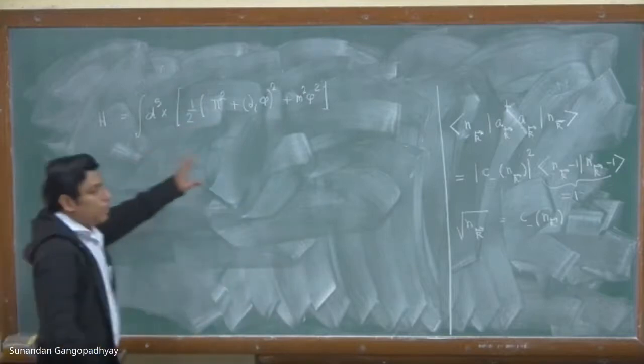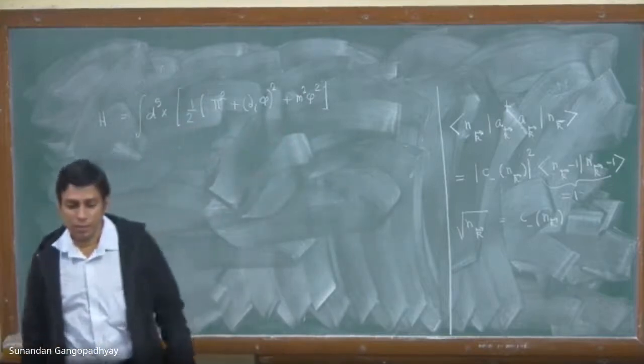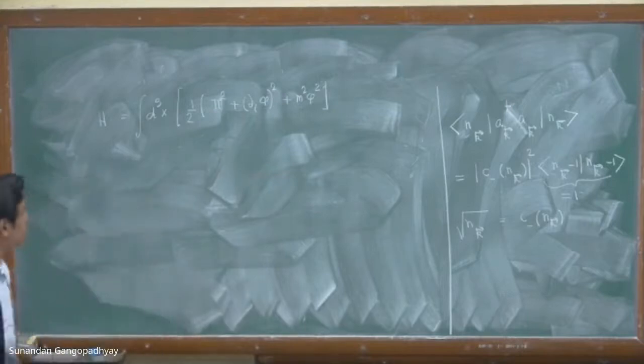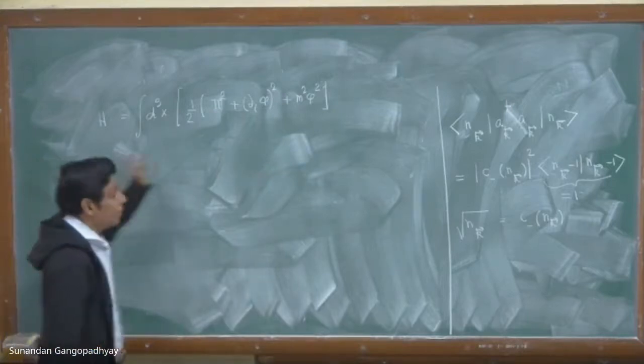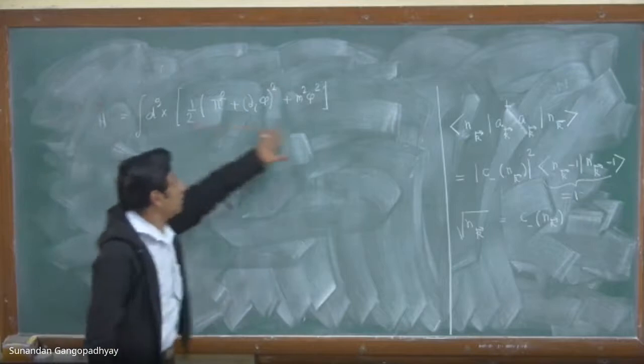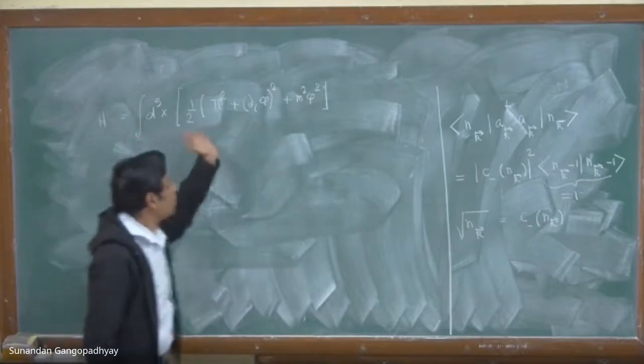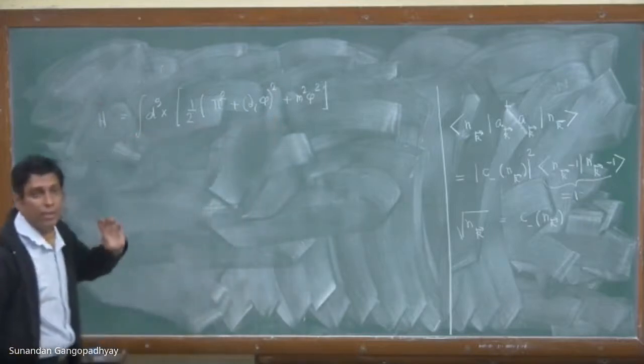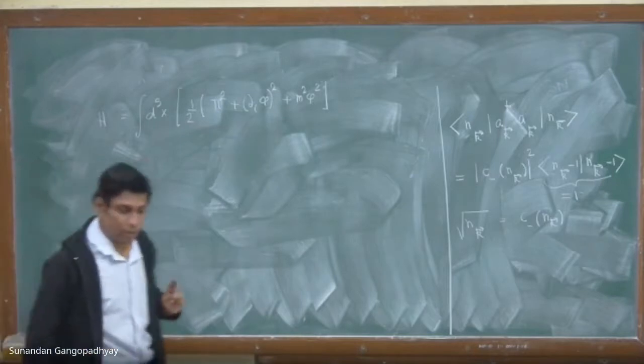This we have already seen in some earlier lecture, that the Hamiltonian can be written in this form, and from this form you can immediately see that the Hamiltonian is positive definite.